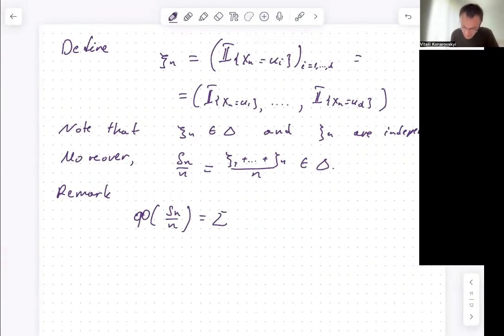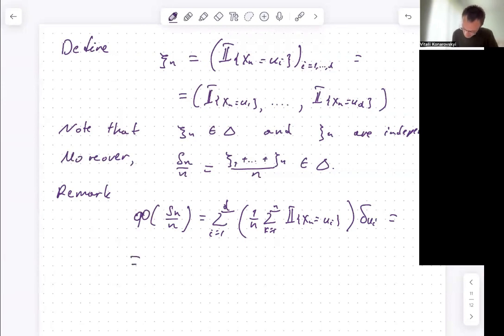It is a sum i from 1 to d. Then you have the mass, but the mass of every coordinate of this vector is the sum of these coordinates divided by n. So it is 1 over n, the sum k from 1 to n, and then you have the indicator xk is equal to ui, times delta ui.